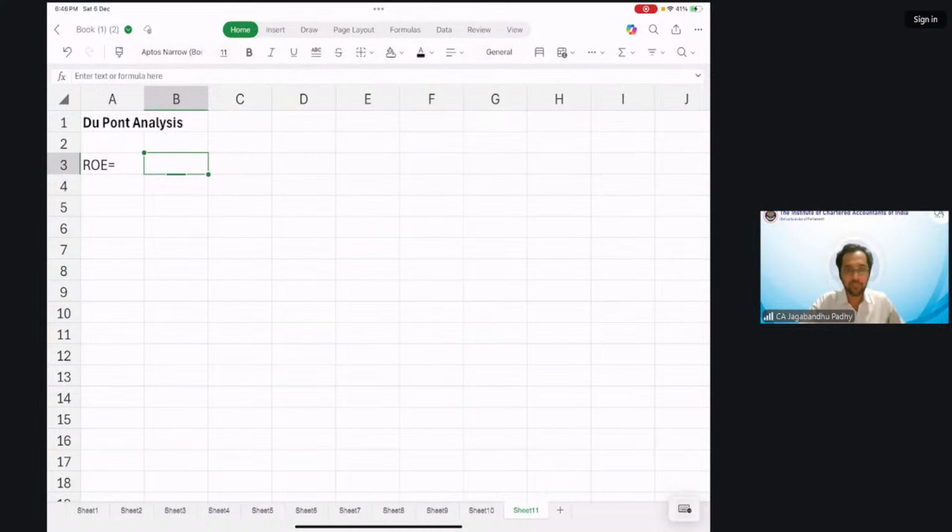Return on equity, not return on capital employed. Formula for return on equity, guys. What is the formula for return on equity?